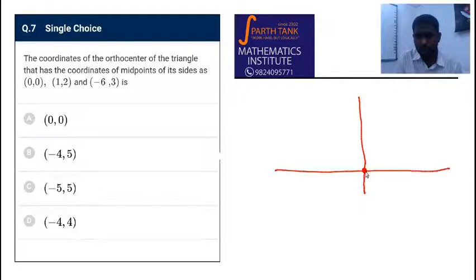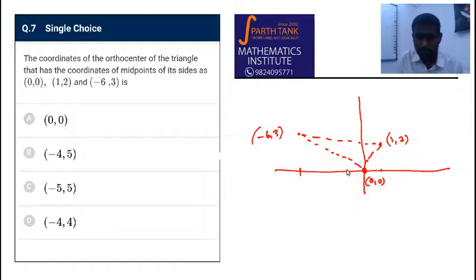So the triangle is 0, 0, 1, 2 and minus 6, 3. Okay. So no, this is not the triangle, sorry. These are the midpoints of the sides of the triangle.